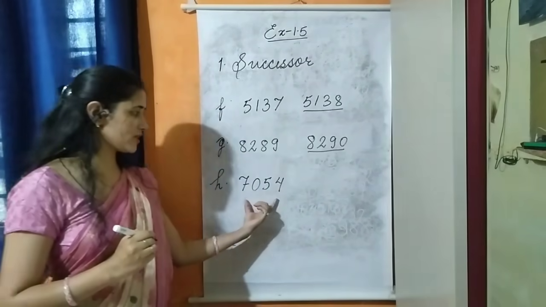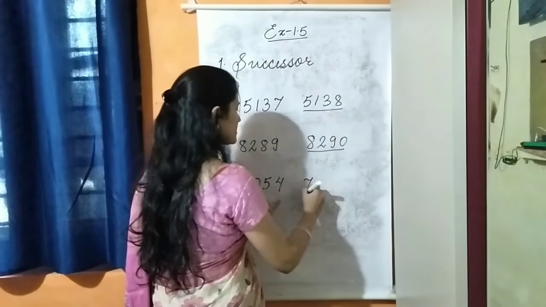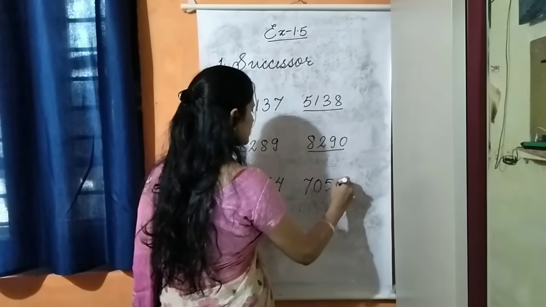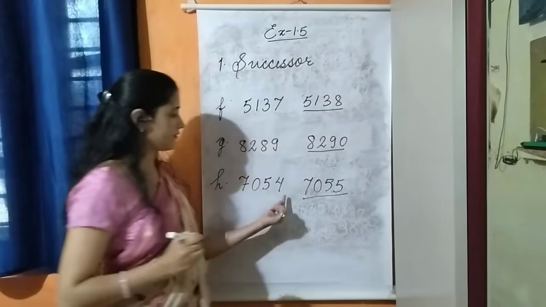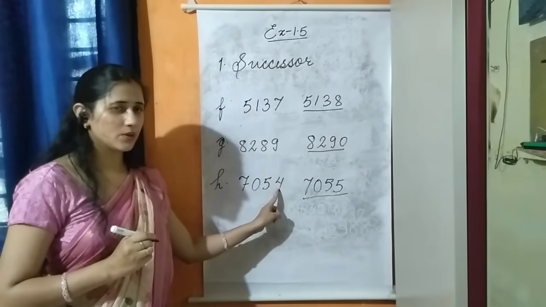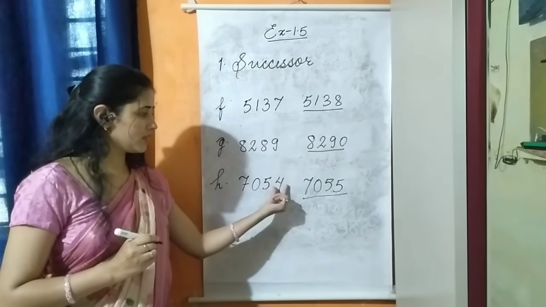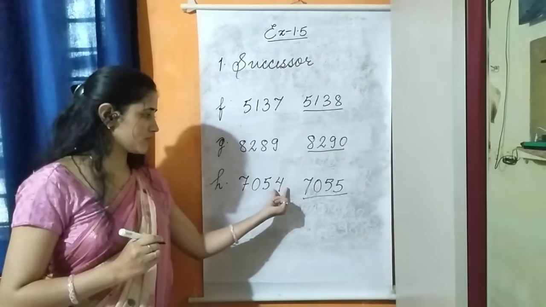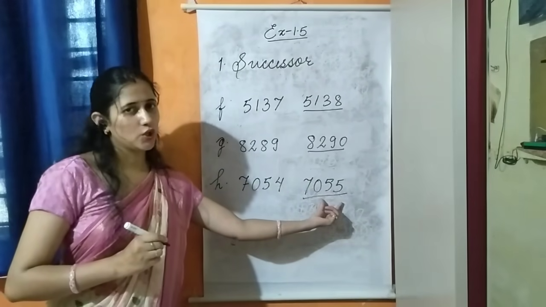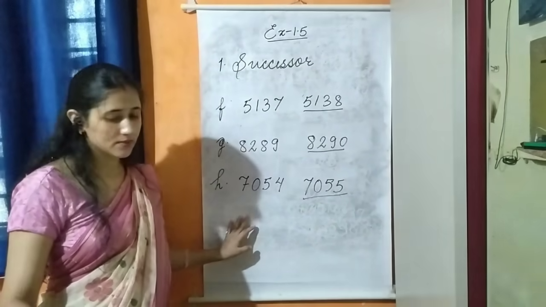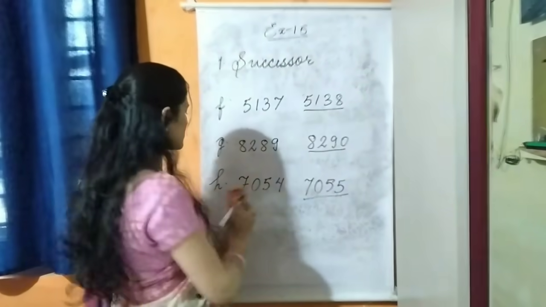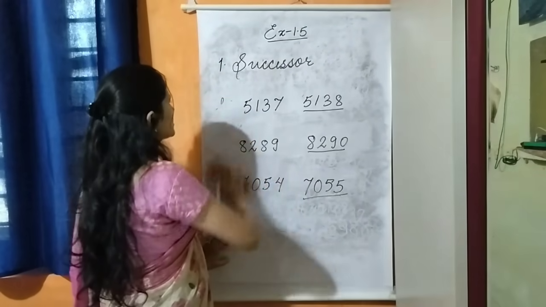The successor of 7054 will be 7055. We have added 1 with this 1-digit number. With the number at ones place we have added 1 and we got our answer. Okay students, now we will do the next question.